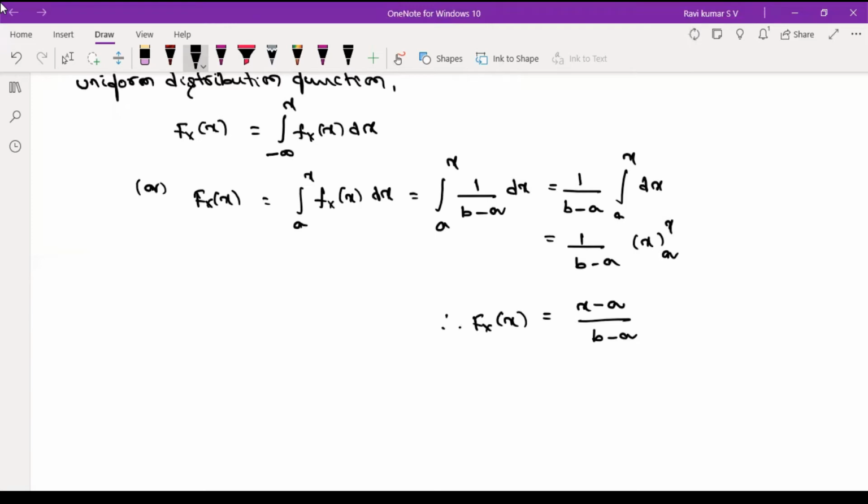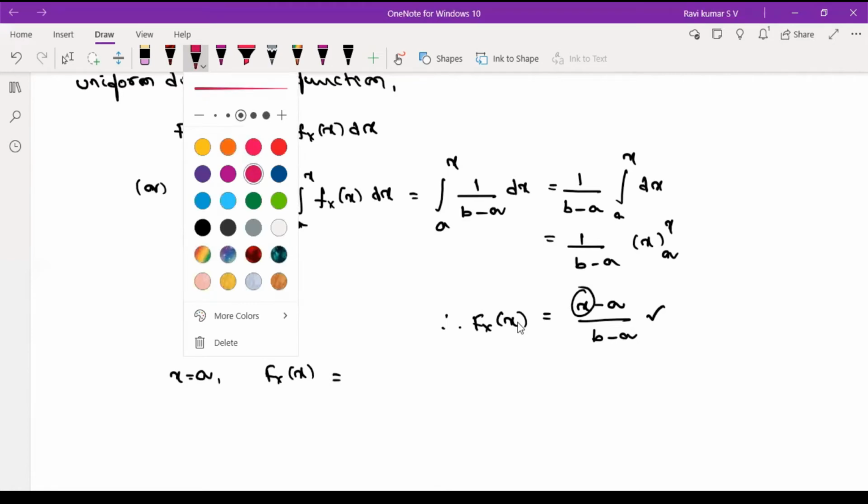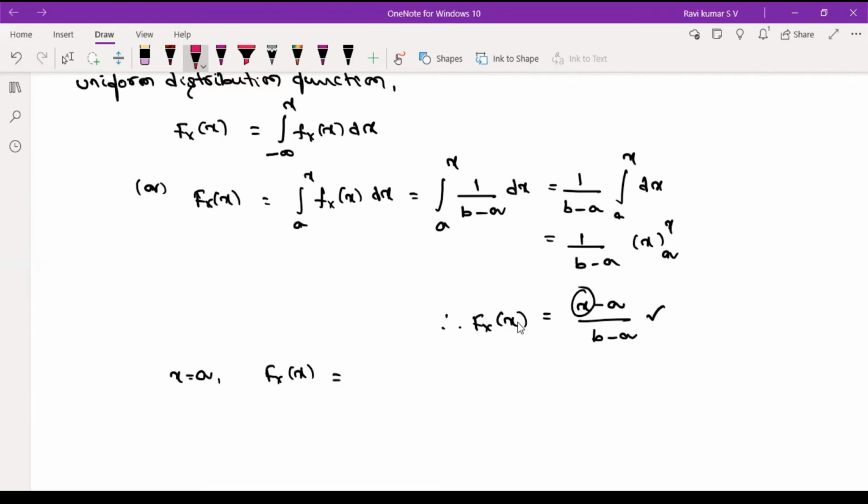Now I am taking the conditions. If the limit x is equal to a, what happens? If x is equal to b, what happens? The density function lies between a and b only, so we need to verify the distribution function for the given limits. Substituting x equal to a, we get a minus a by b minus a, which is 0.